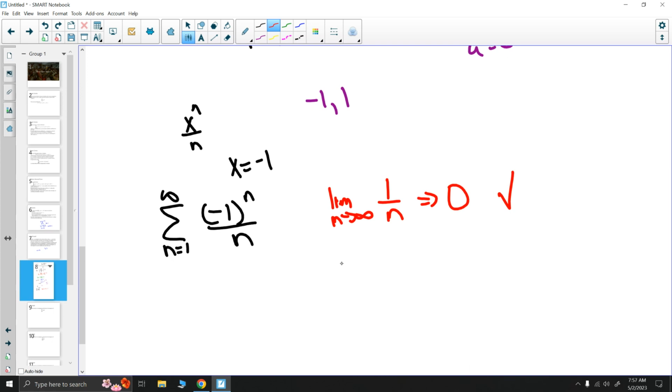Then we have to show that a sub n plus 1 is greater than a sub n for all n, or at least all n after a certain point, but whatever. So let's take a look at a sub n plus 1, which would be 1 over n plus 1, and we have to show that this is greater than 1 over n.